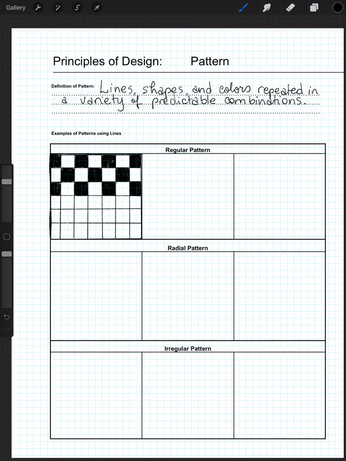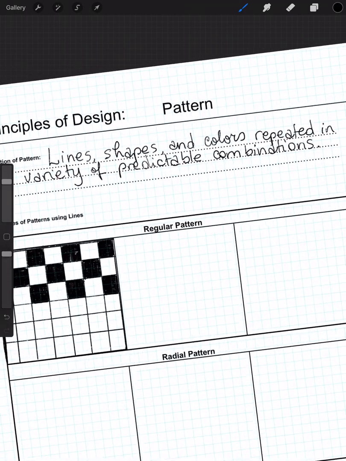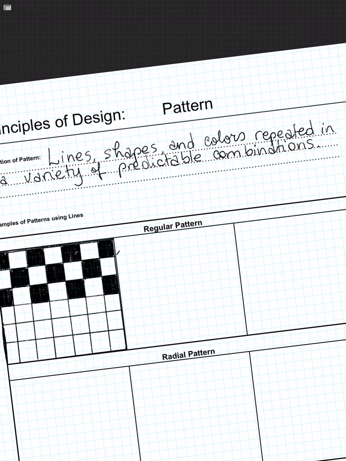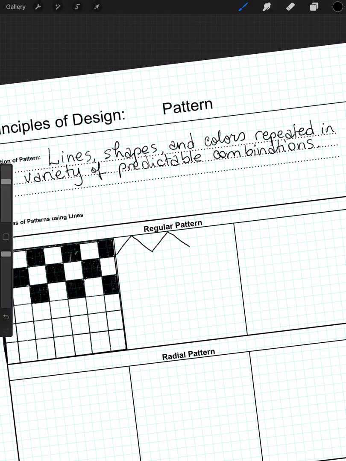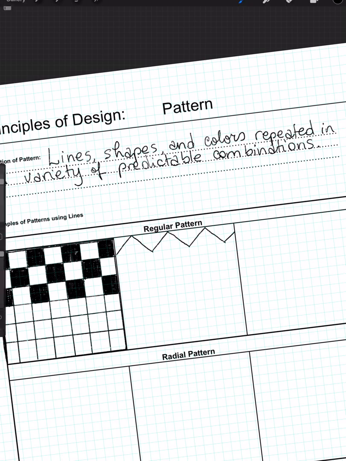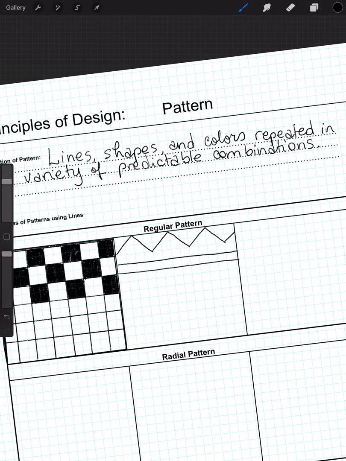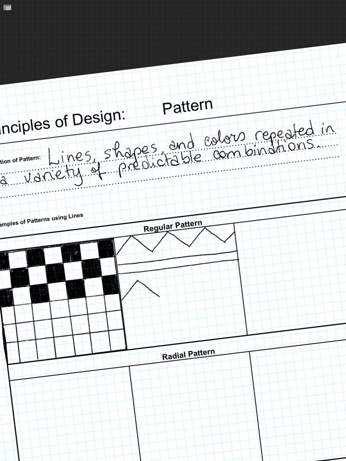Another kind of regular pattern that you might see are things that you might find in clothing designs, where you have maybe some zigzag lines and maybe some straight lines like this, and then again some zigzag lines.